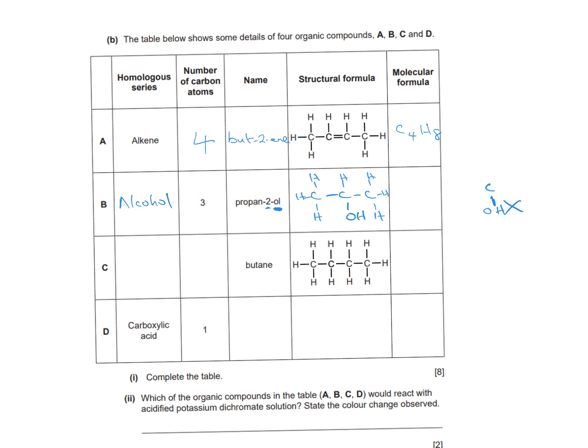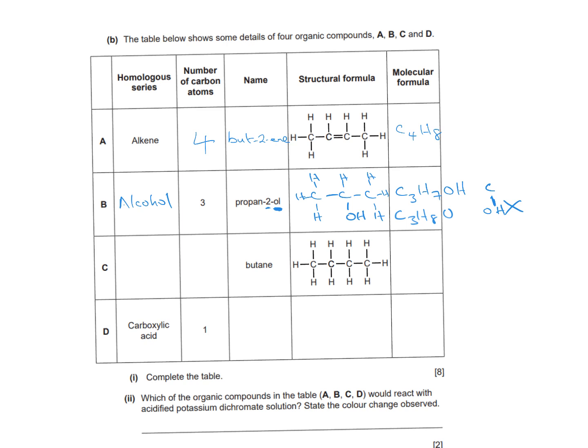The molecular formula is going to be C3H7OH. Alcohols are usually written like that with the OH at the end, but you could just put all the carbons, hydrogens and oxygens together. So what I mean by that is that it would be C3H8O.